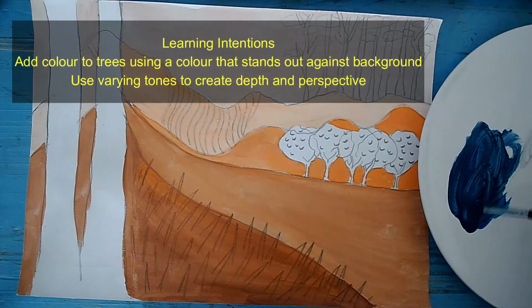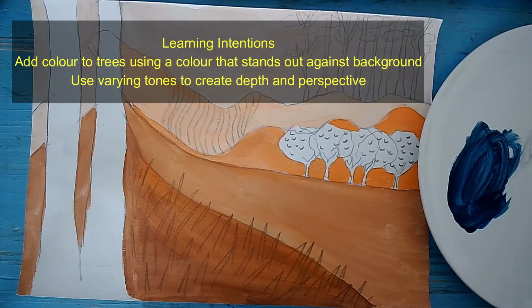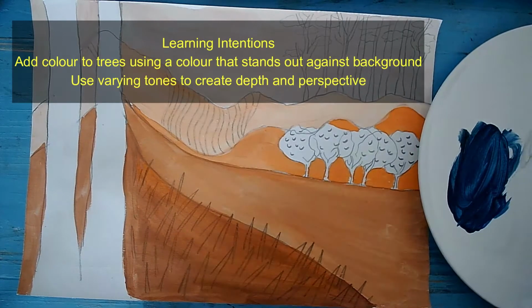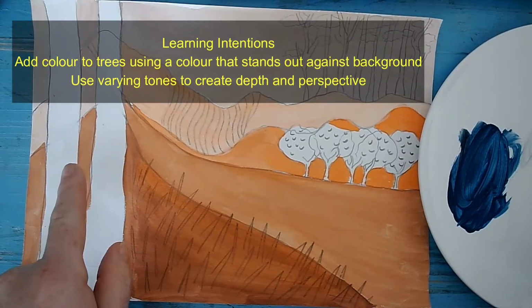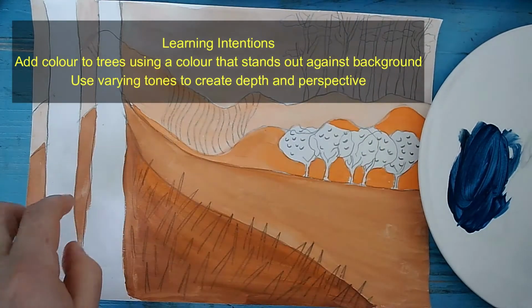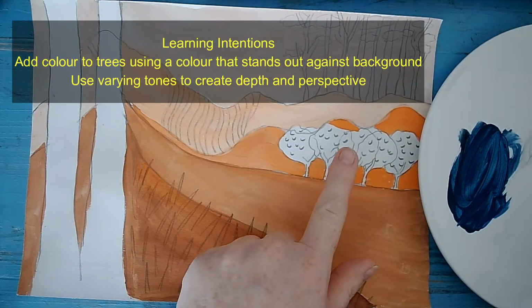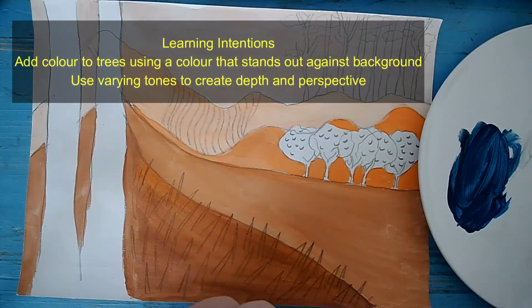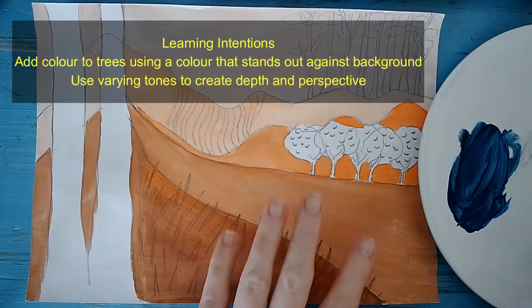Now, in the same way that you have with your tones and shades in your background, you want to use tones and shades of colours to create depth in your painting when you're doing your trees. To achieve that, the trees in the foreground are going to be darker, the trees in the background are going to be lighter. So varying these tones of trees again emphasises the feeling of depth in your painting.